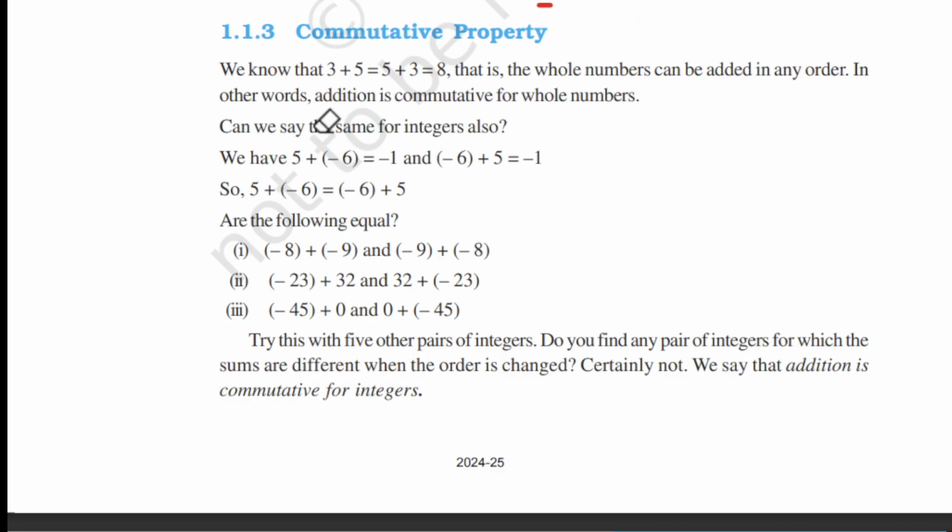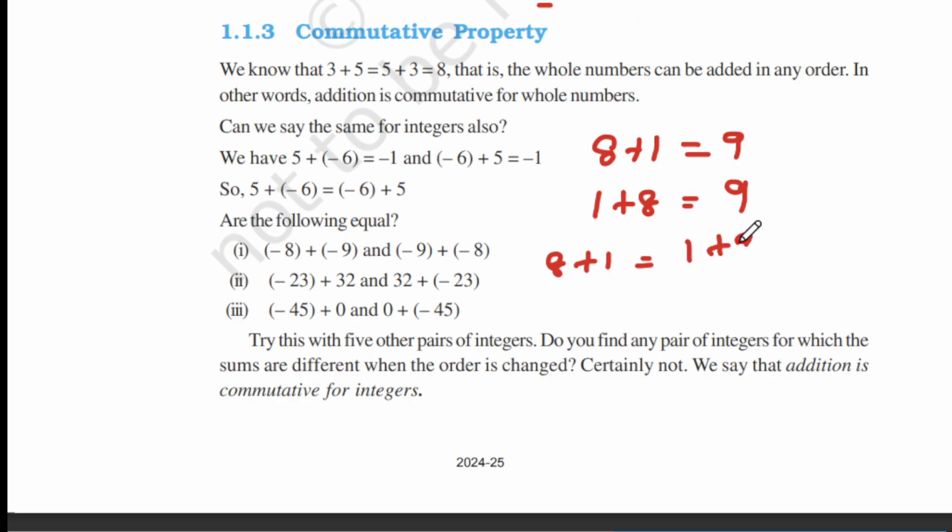In other words, addition is commutative for whole numbers. For example, 8 plus 1 is equal to 9, and 1 plus 8 is also 9. Correct? So 8 plus 1 is equal to 1 plus 8.